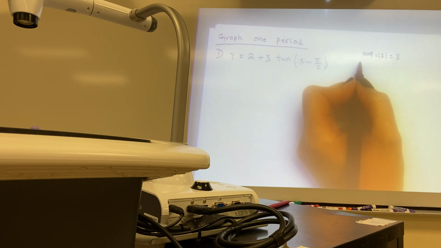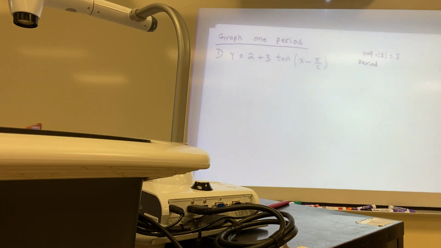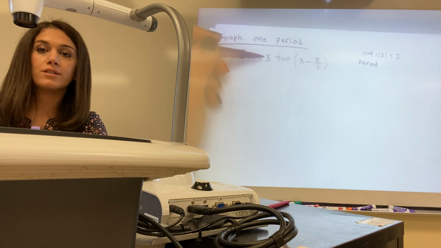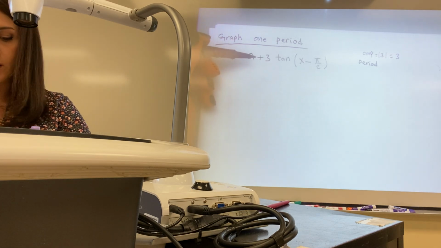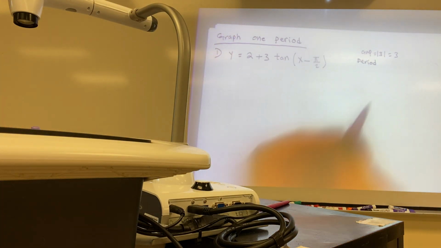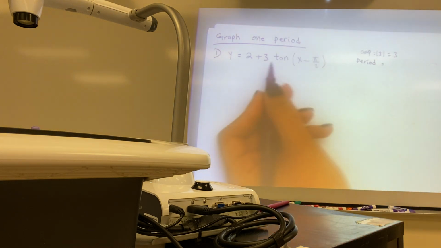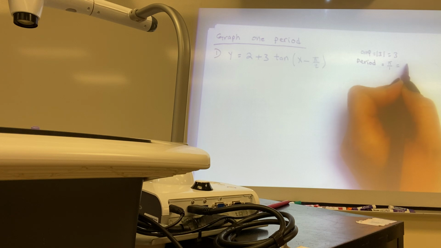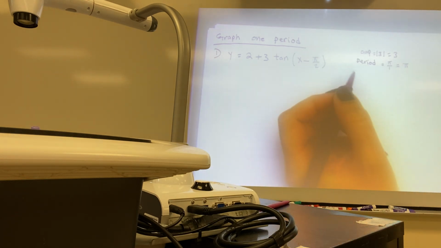Period will be, let's see. So it's pi over b, right? Not 2 pi over b, like we used to have. This time with tangent and cotangent, it's pi over b. b is 1 in this case, so this will be pi over 1, and that is pi. Next we have the step.